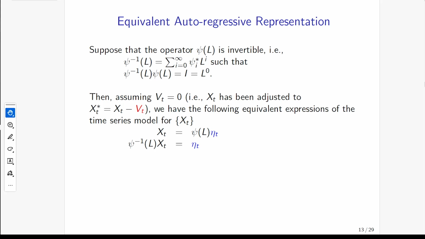And if that's the case, that an inverse of the psi of L operator exists, then we can write our model for the stationary process as being equivalent to applying the inverse operator to both sides. And so we get an inverse operator, which is a polynomial in lags operating on xt, equal to the eta t.